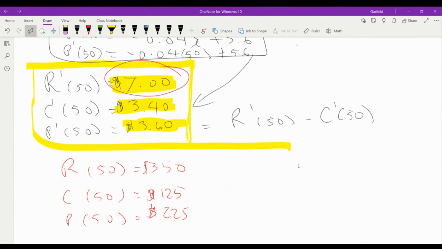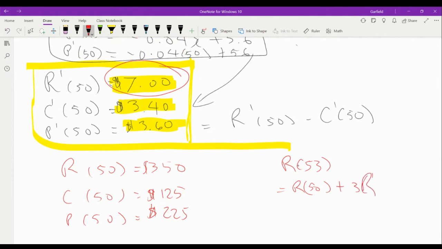All the questions are going to ask us to find R of 53. Use marginal revenue. Now, what you're saying is that this would be equal to R of 50 plus 3 times R prime of 50.